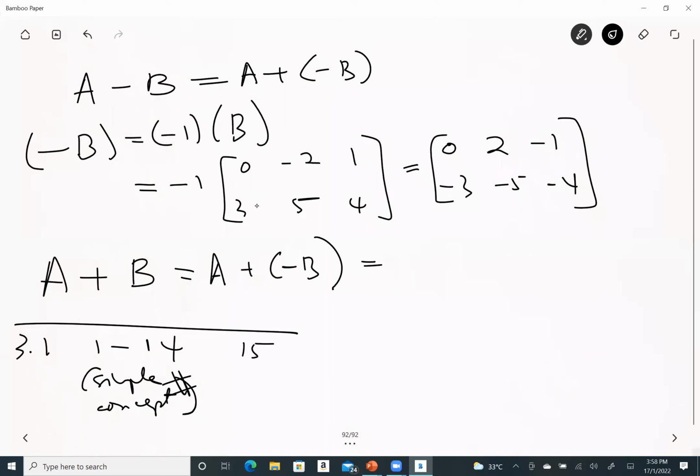You go 15 to 18. So this consists of questions on addition and subtraction. And then scalar multiplication, you can do number 24 up to 28. Cukup lah. All right. So that is good enough already for practice.